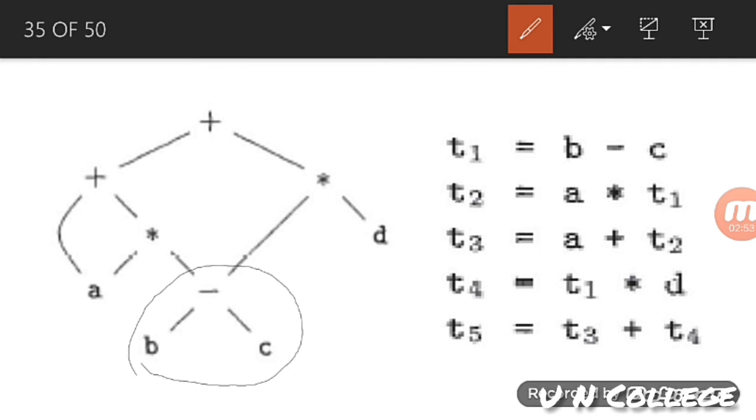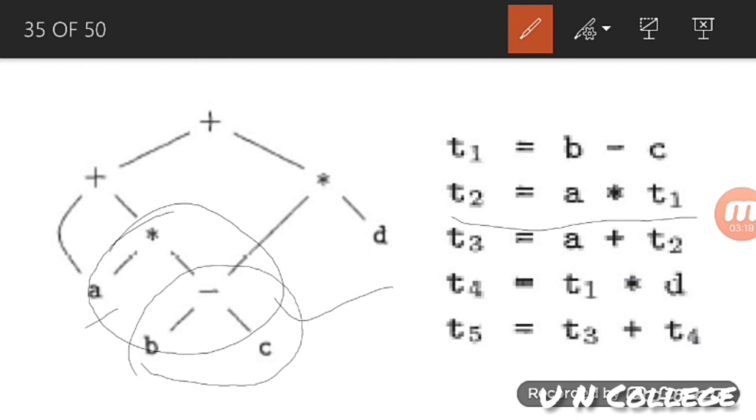Then T2 equal to A into T1. Here you can see this portion, T2 equal to A into T1. Here we have constructed T1 already as B minus C. Minus is representing the operator and it is the parent of B and C.